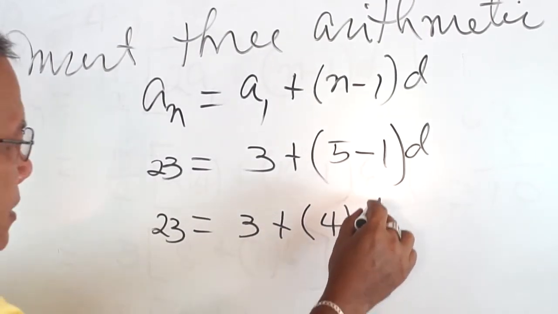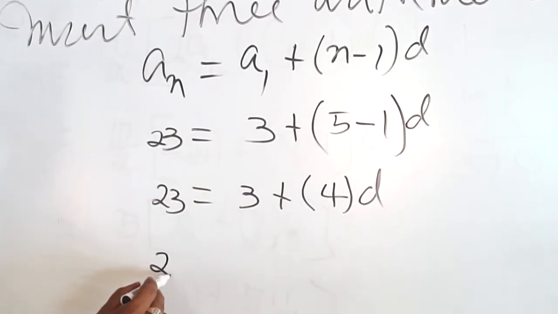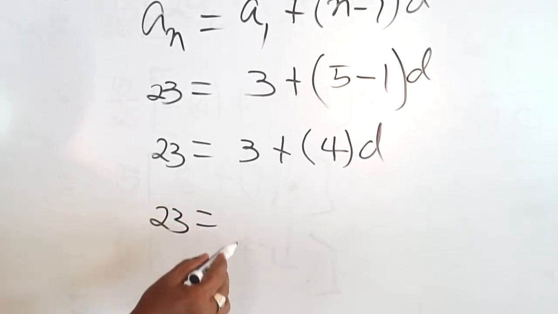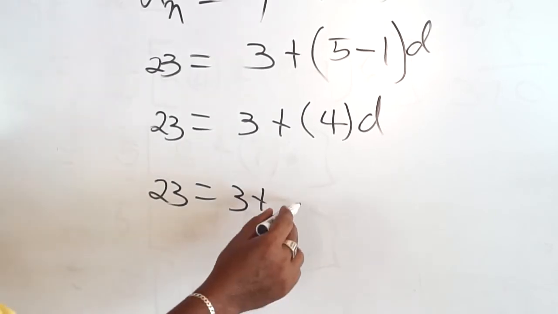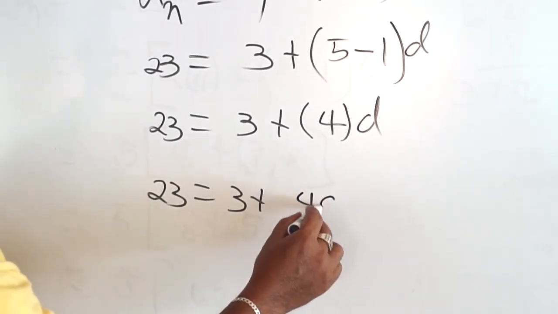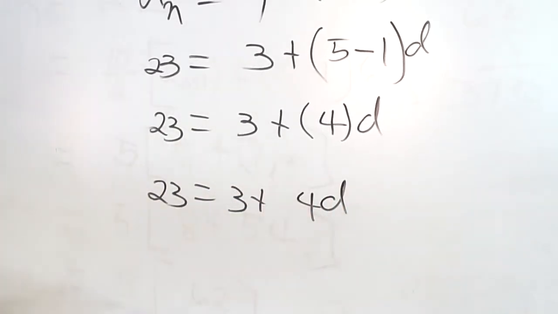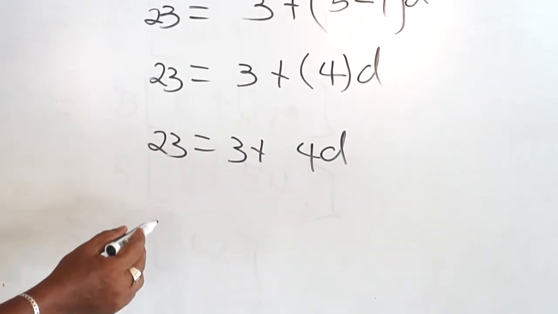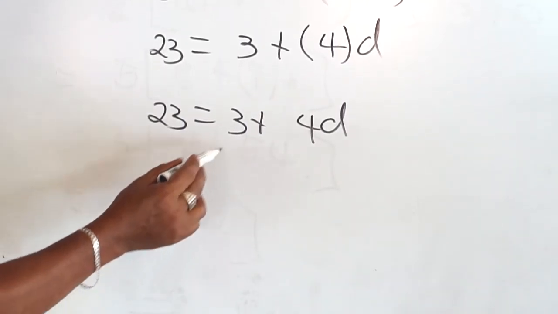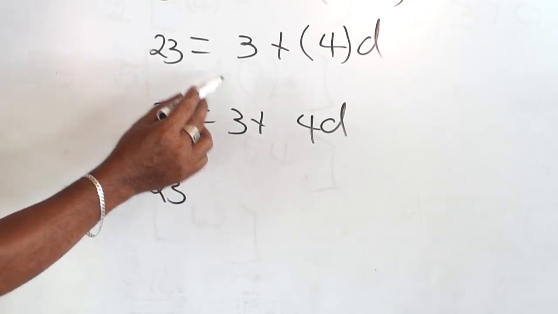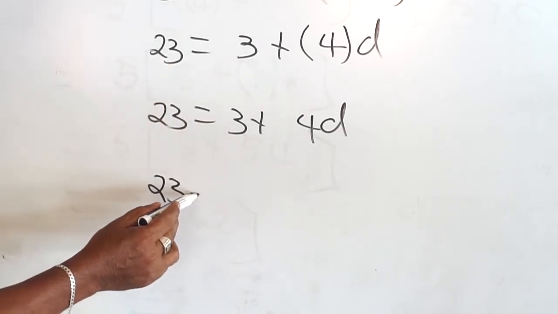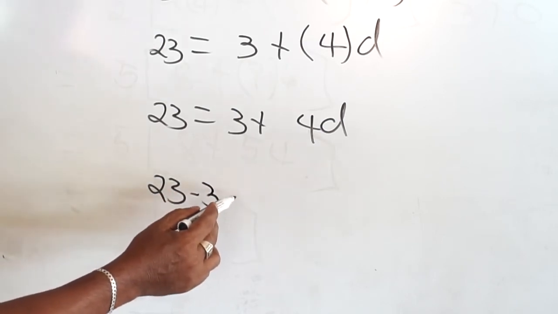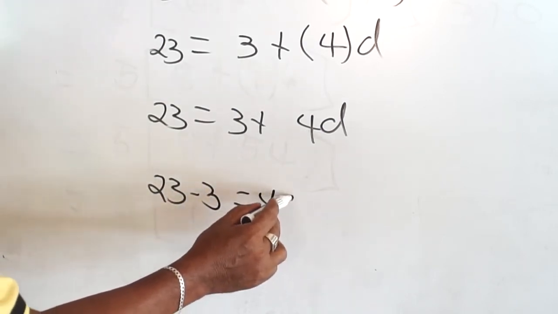Then we have here d. Then 23 is equal to 3 plus 4 times d, so we have 4d. Okay, then transpose. We have 23, so 3 transposed to the left side, the sign becomes negative 3, then equals 4d.